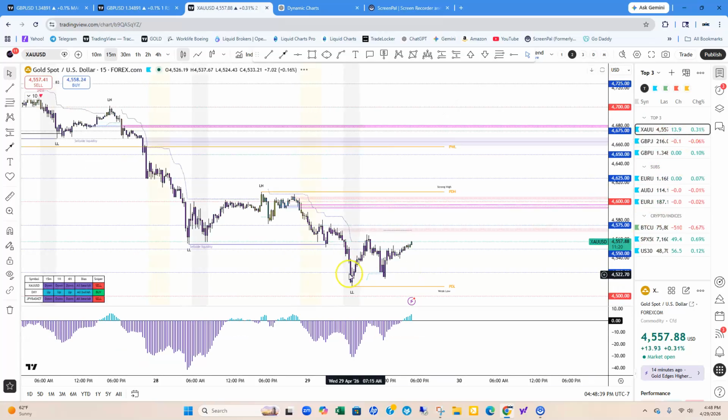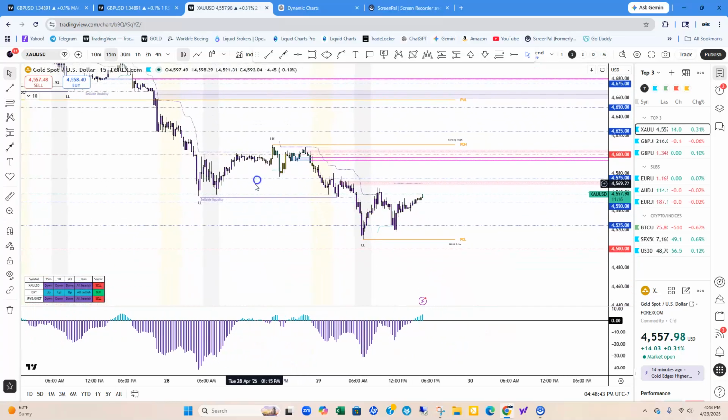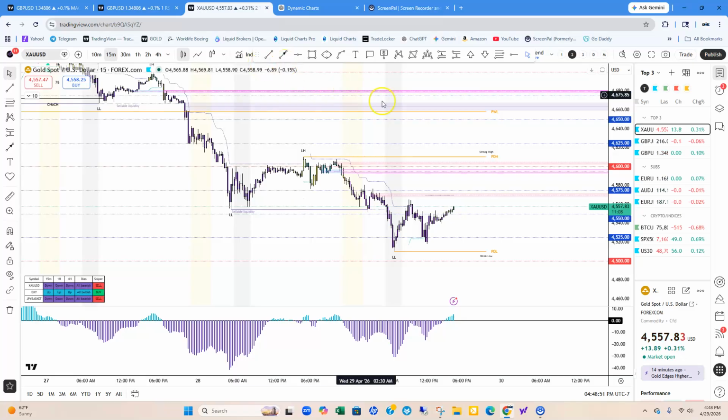It also works for gold. We've been looking at a bunch of sell setups, but let's see. This would have been yesterday. Going into this gray area, you had this little impulse up.